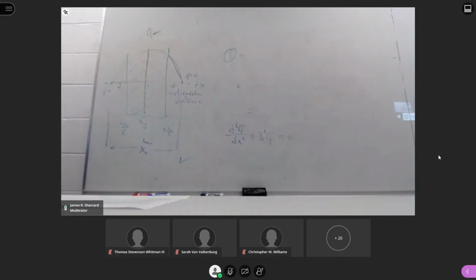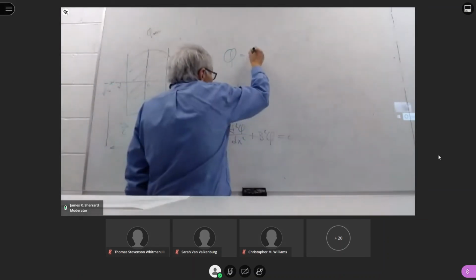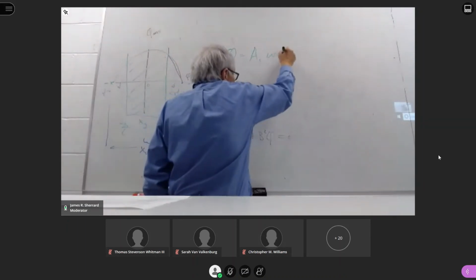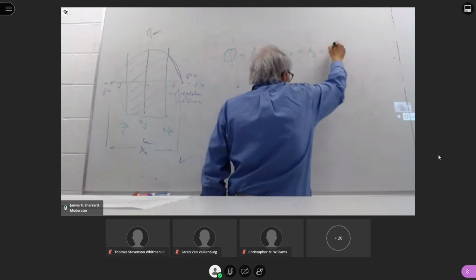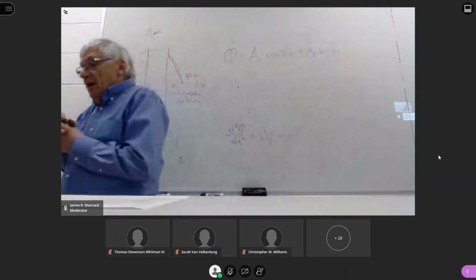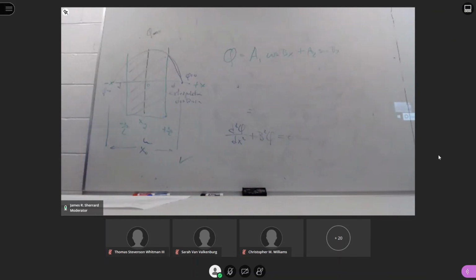If you want to follow along, we're doing this on page 263. The solution to this is flux equals A1 cosine of Bx plus A2 sine of Bx. We're now going to use initial and boundary conditions to solve what has happened.